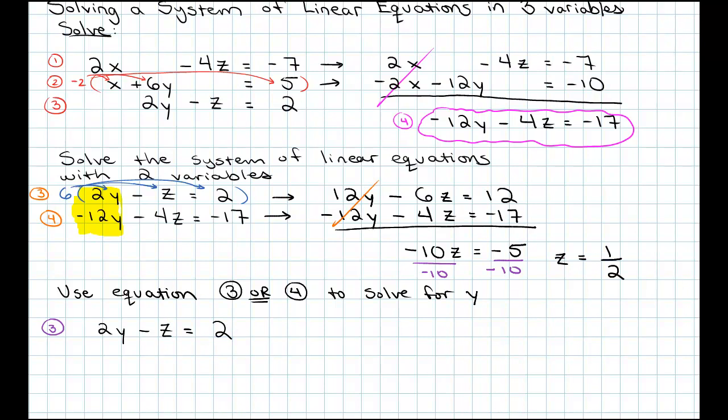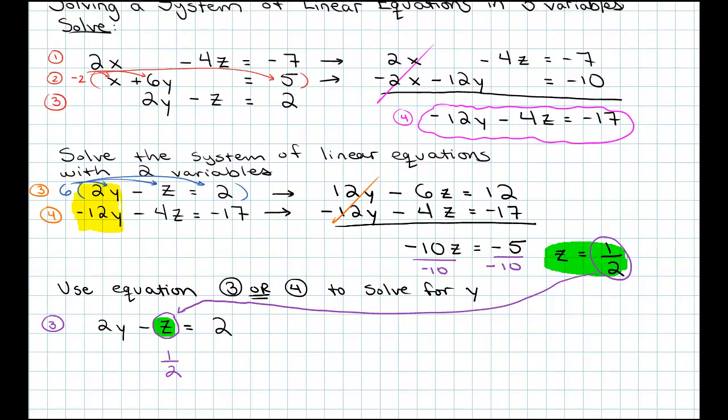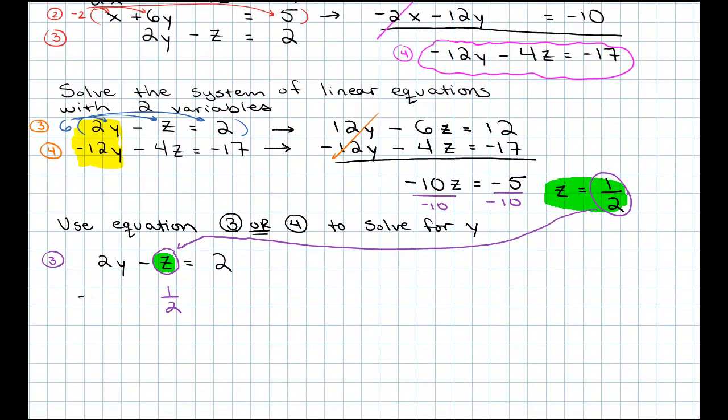And instead of z, I'm going to substitute z equal to 1/2. So 2y minus 1/2 is equal to 2.